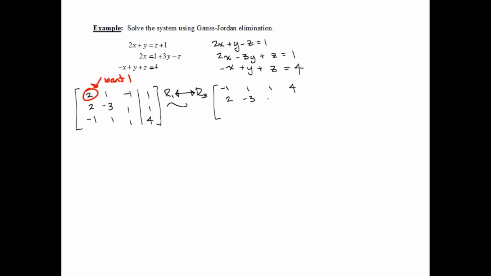Second row still the same. And row 1 moves to the bottom. And now I can multiply my first row by negative 1. The reason this is easier, it just postpones the fractions one more step, which makes the arithmetic easier if you're doing this by hand.